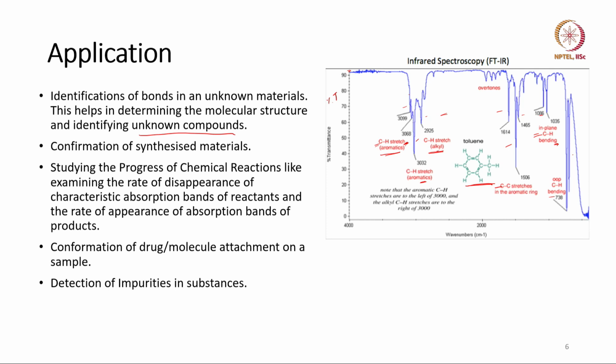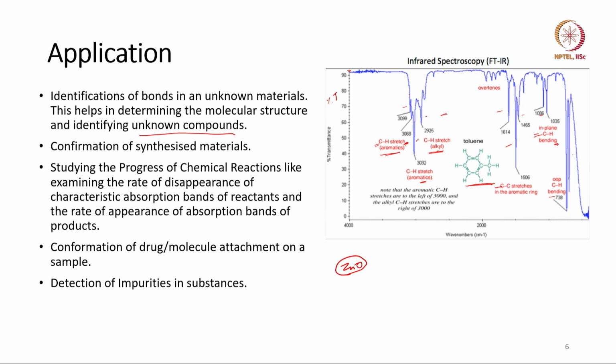And then another application is, supposingly a person is a synthesis scientist. Supposingly he is a chemist or a material scientist, and he has synthesized several kinds of materials. Supposingly he has synthesized ZnO particles, and he wants to see whether the material has been successfully synthesized or not.